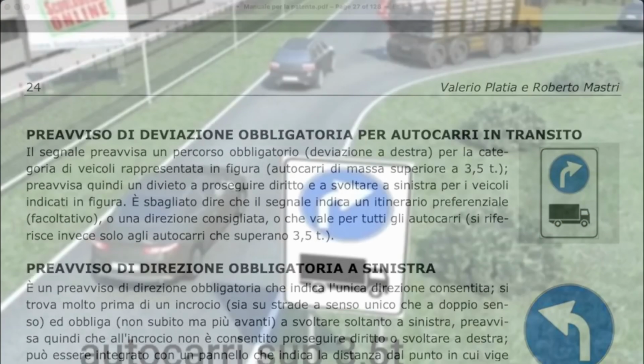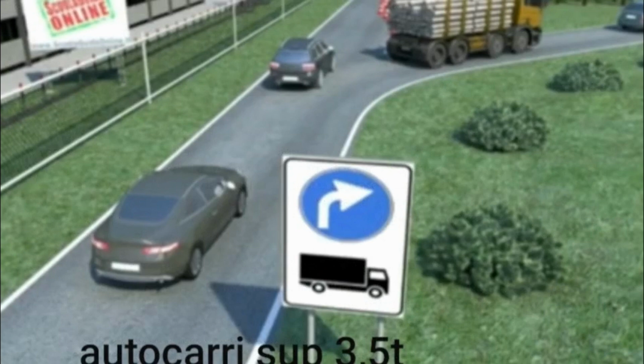All right, so let's see. So you can see ahead of you, in front, the autocarro with a load, and he decided to go to the right because he had the obbligo to go to the right. But the other vehicles, some of them decided to go direct because they don't have this compulsory something. They can do whatever they want to do. Yeah, so that is it for that as well.